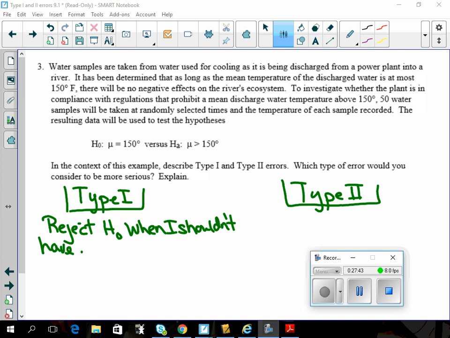So policies might have been forced to be changed, or extra, I don't even know what they would do to figure that out. But we'll just say that, should we say policies? What should we say? How should we write this in context? So we'll say regulations would have to go into place.